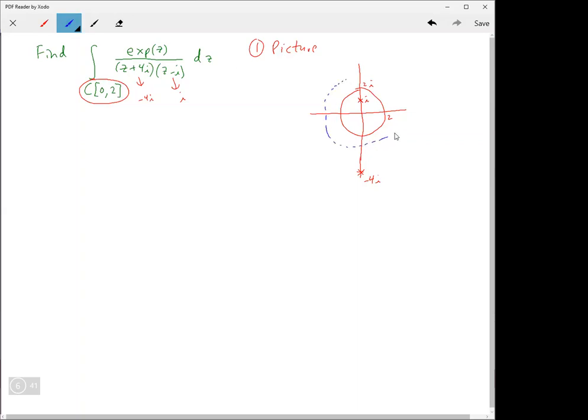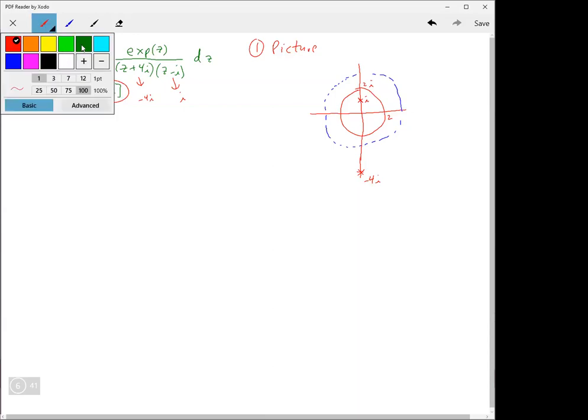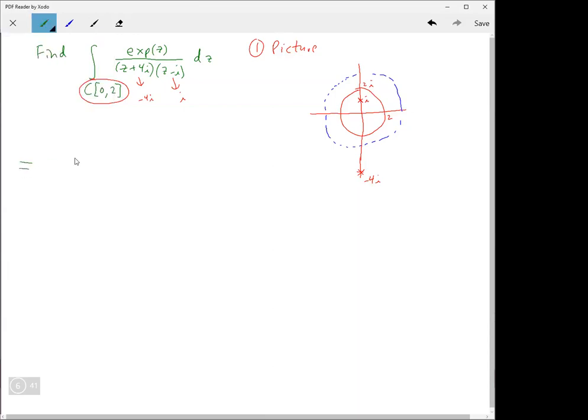I can take a region like that, and this curve is completely in there, and the only point where this is not holomorphic is i. So this part doesn't really affect it. It doesn't mess us up. Okay, so that means that you can look at it this way.